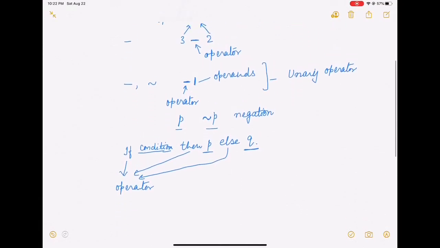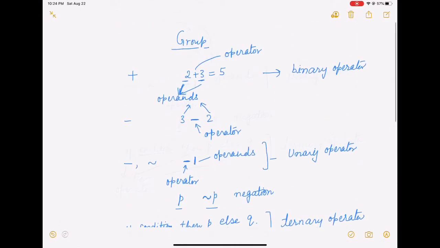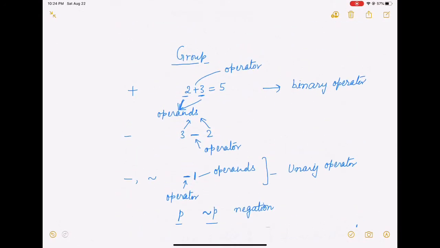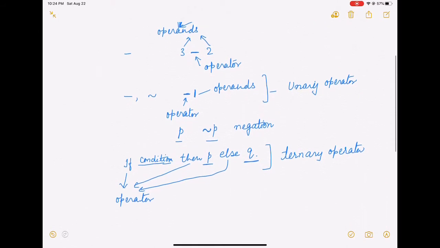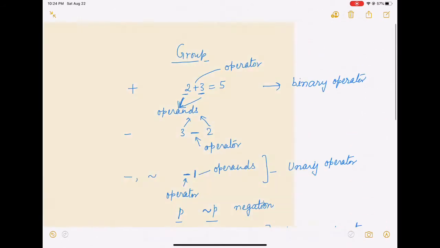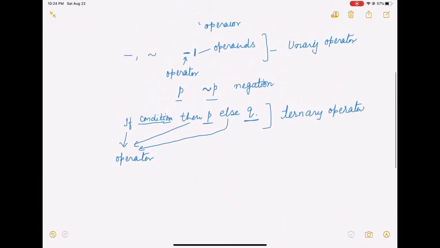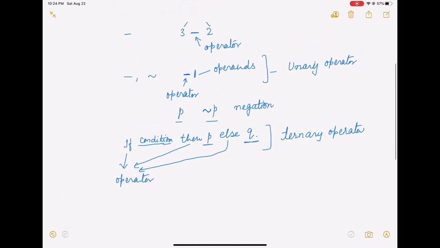And this comes in the category of ternary operator. So we have three types of operators: unary, binary, and ternary. In a similar pattern, we may have more operators, and if we have n operands, they are named n-ary operators.